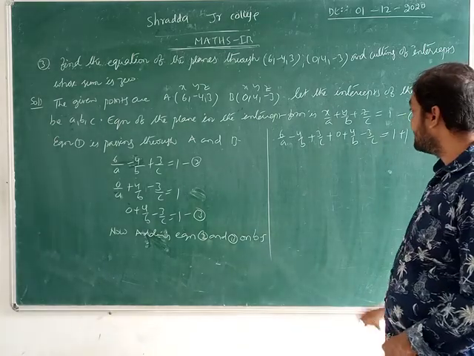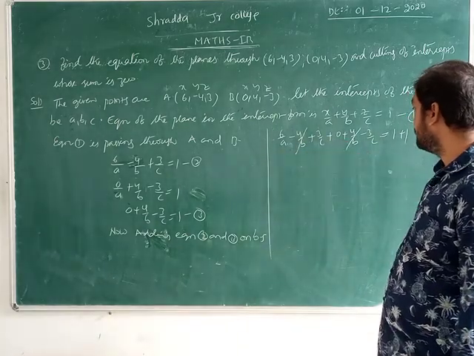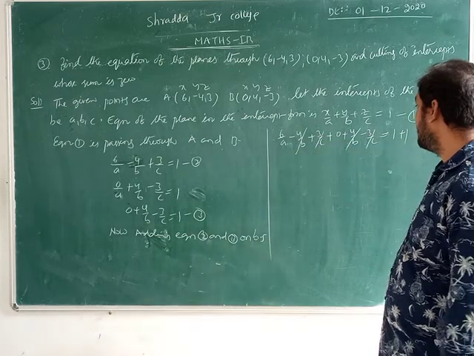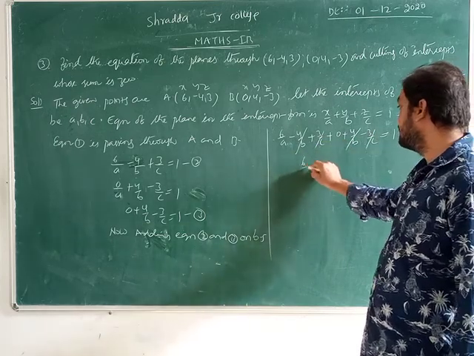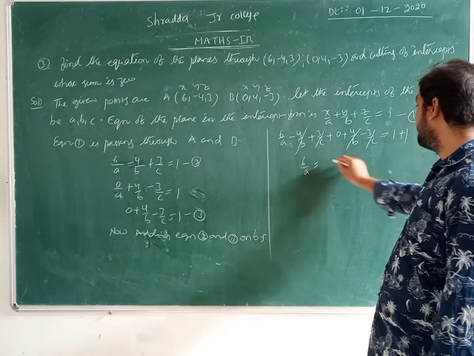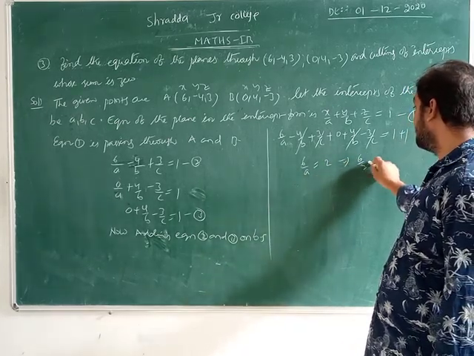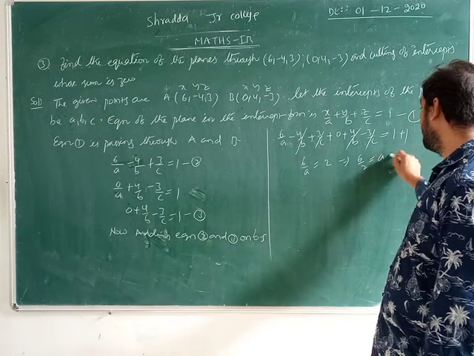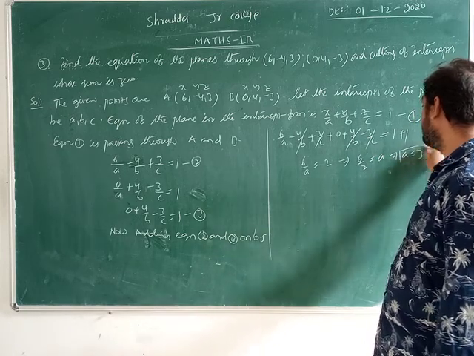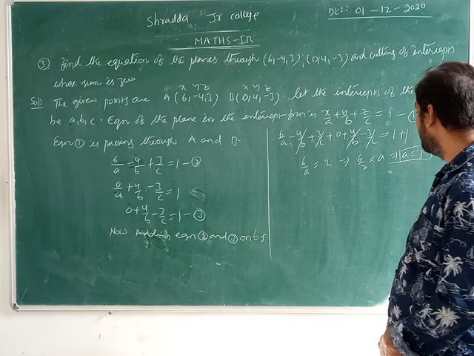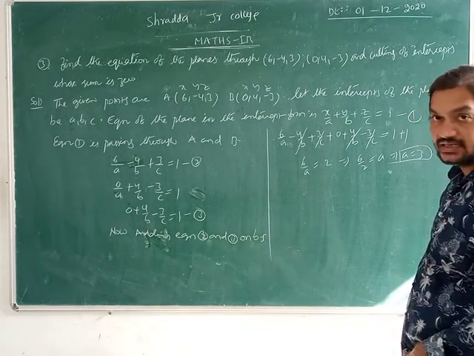Minus 4/b plus 4/b and plus 3/c minus 3/c get cancelled. 6/a equals 1 plus 1, that is 2. Now 6/2 equals a, so a equals 3. What is the a value? a equals 3 we are taking.